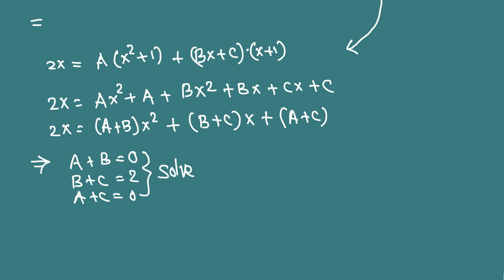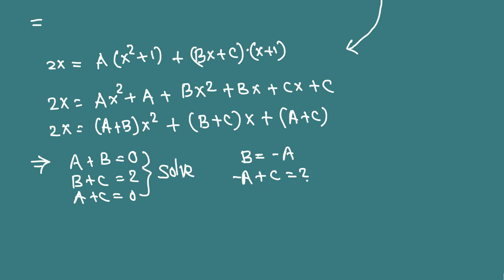Or b equals negative a and plug the value of b here, it's the same thing. Let's do that. a plus b equals 0, that means b equals negative a. Plug b equals negative a into the second equation, then we get negative a plus c equals 2.